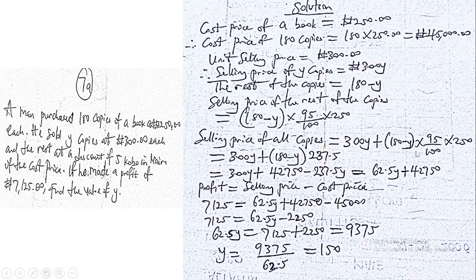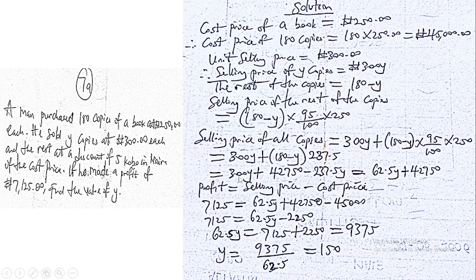And if you simplify this further, we have 237.5, which will multiply these brackets. If you open the bracket, 237.5 multiplied by 180 will give us 42,750, then minus 237.5Y.